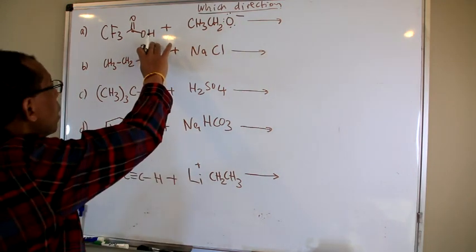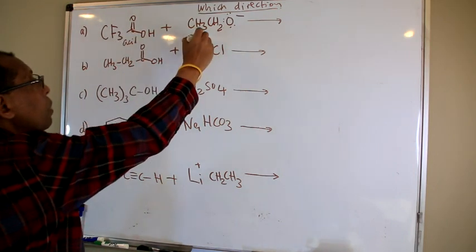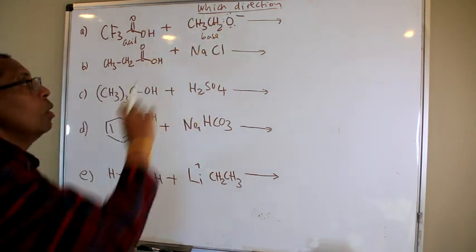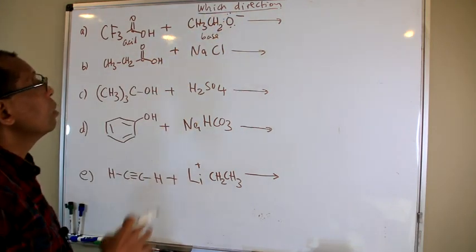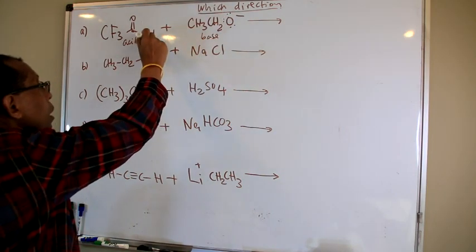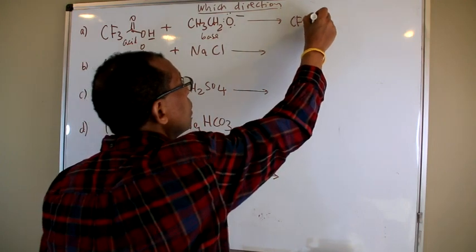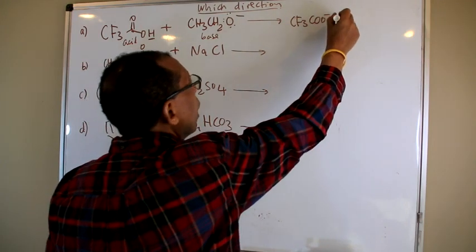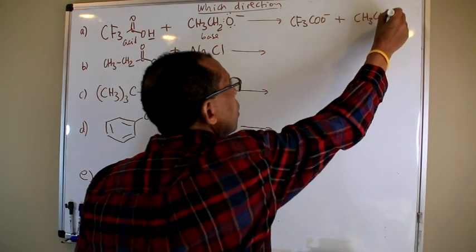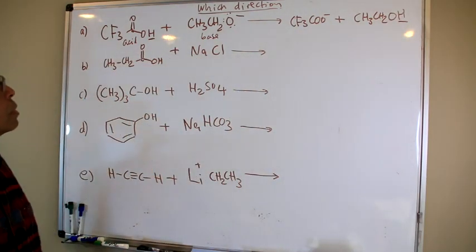So here, this is trifluoroacetic acid, the acid, and you have a base, which is an ethoxide with a lone pair of electrons on it. This base would abstract that proton, exactly that, and you would have CF3COO minus plus the alcohol formed by getting one proton. So that's the product.